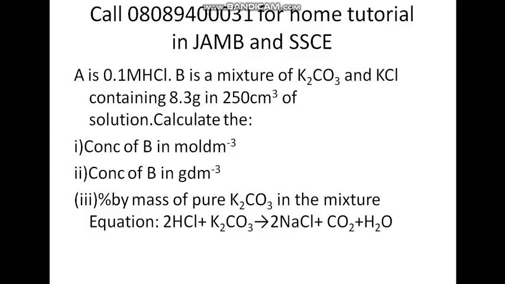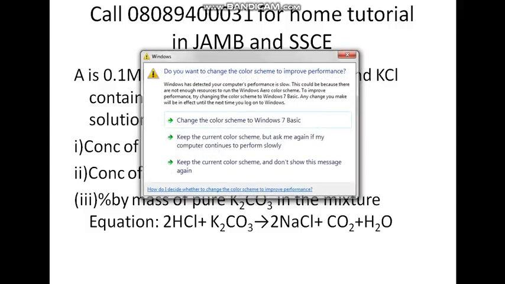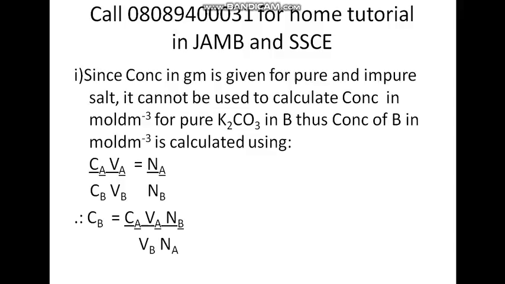On the tutorial board, question 1 is calculation of concentration of B in mole per dm cube. That is, concentration in mole per dm cube of pure K2CO3. This is calculated using Ca multiplied by Va divided by Cb multiplied by Vb equal to Na divided by Nb, as shown on the tutorial board.